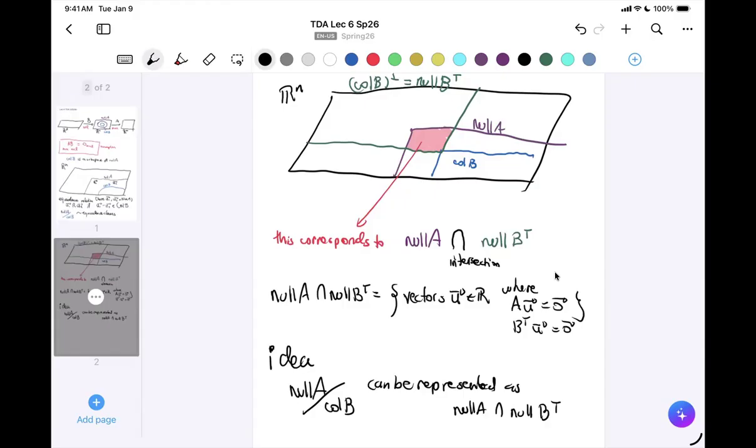And this is the last abstract thing I'll say. If you make it more concrete, you can think of this intersection as the null space of a single matrix, which I'll call the Laplacian matrix.